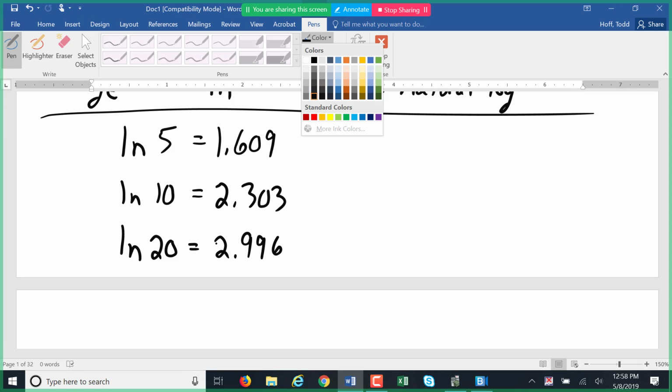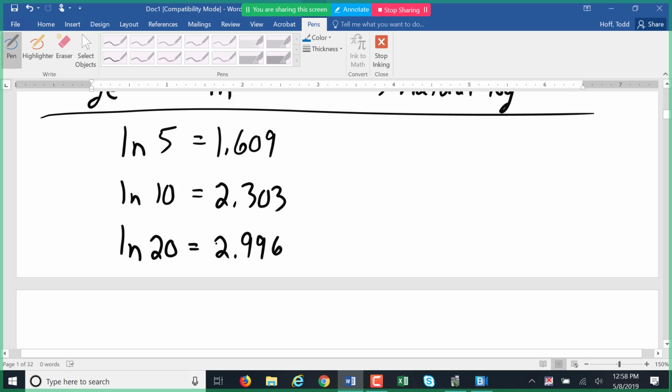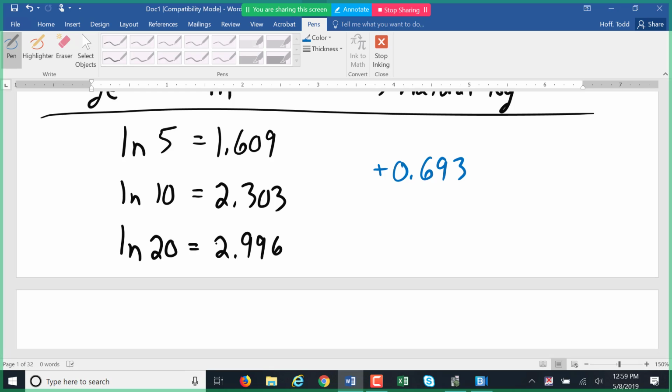And what you notice is each time it goes up by about 0.693, 0.694 is the increase when you double with the natural log. Note that is different than log base 10. When you change the base of the log, you change what that doubling factor is. For natural logs, it's 0.693, 0.694.